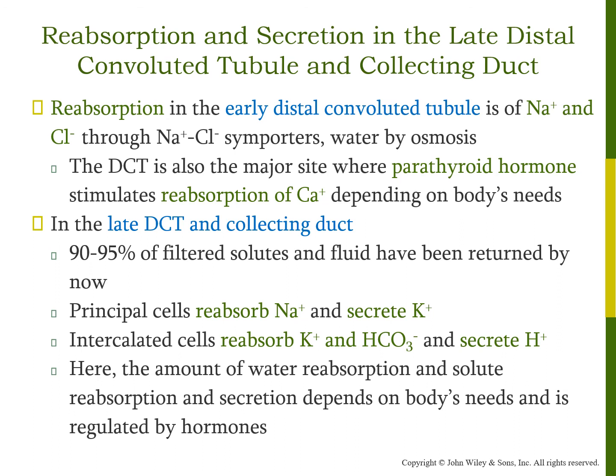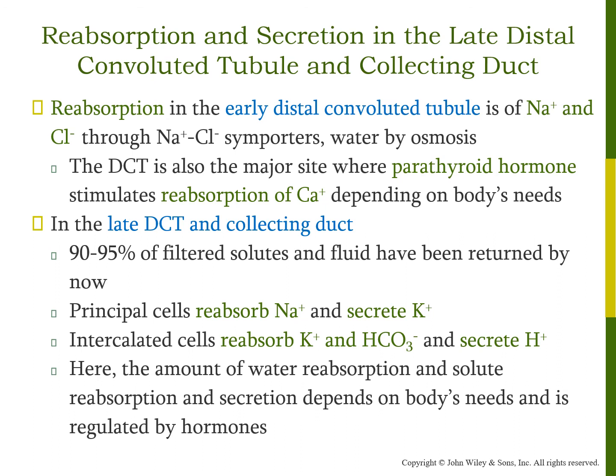Also note that the early DCT is a major site where parathyroid hormone stimulates reabsorption of calcium. So this is where calcium reabsorption is fine-tuned depending on the body's needs. Moving into the late distal convoluted tubule and collecting ducts.